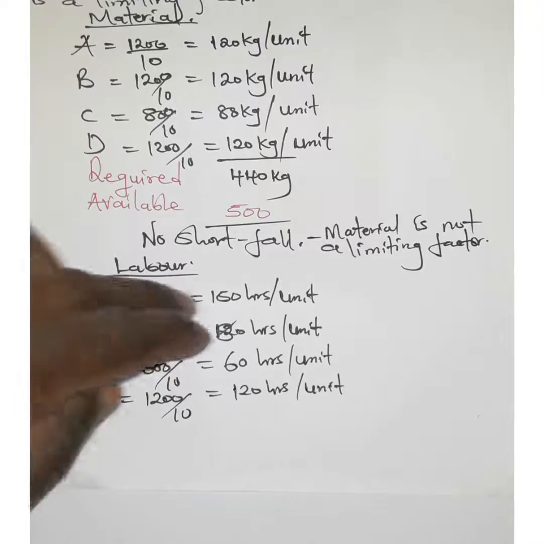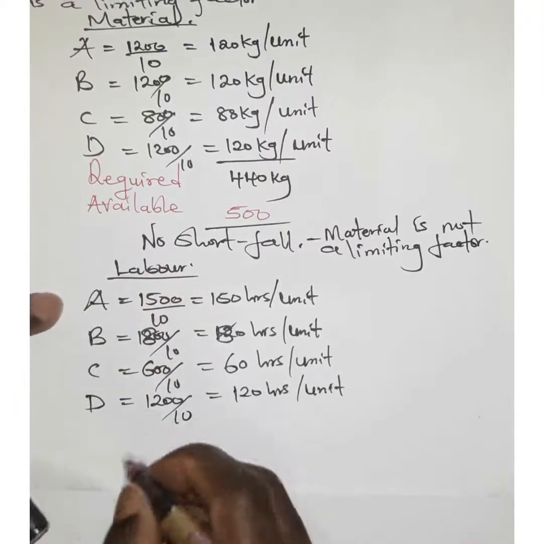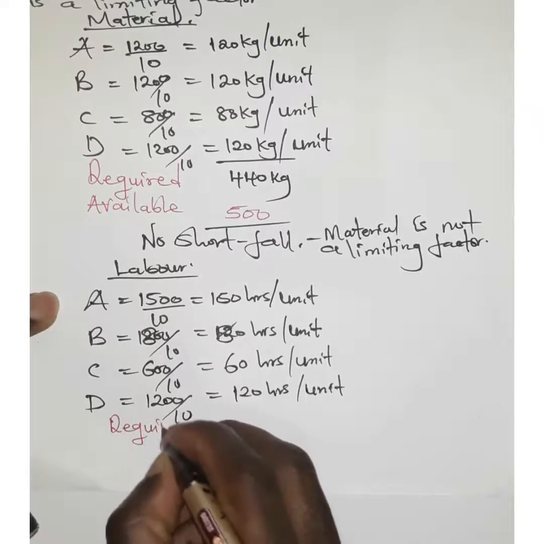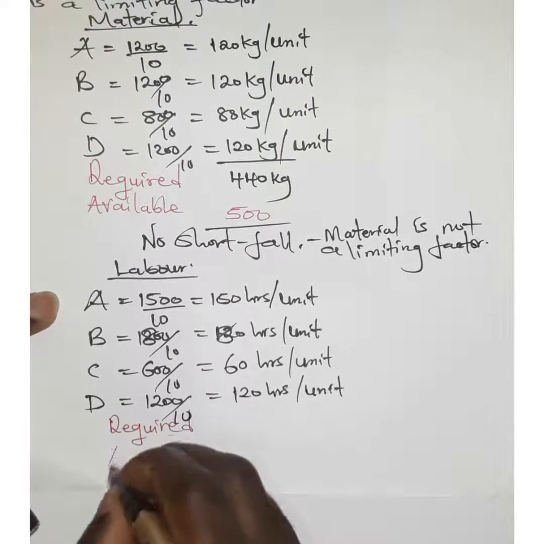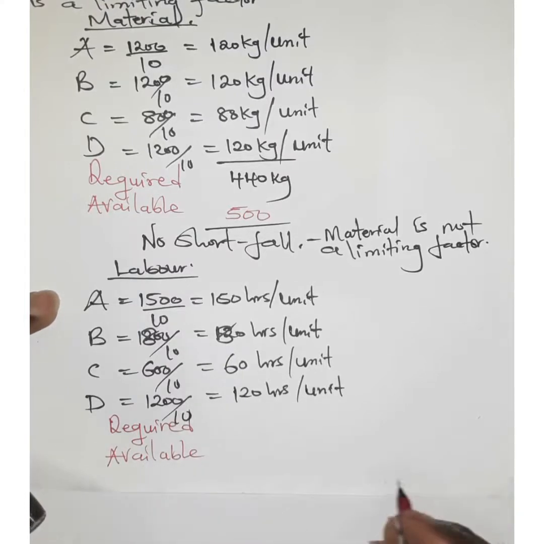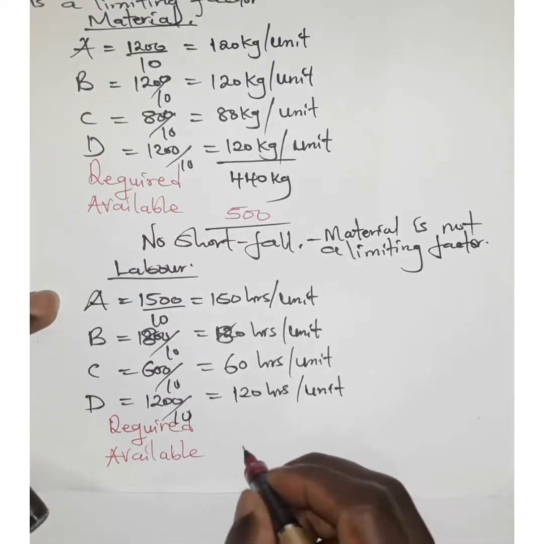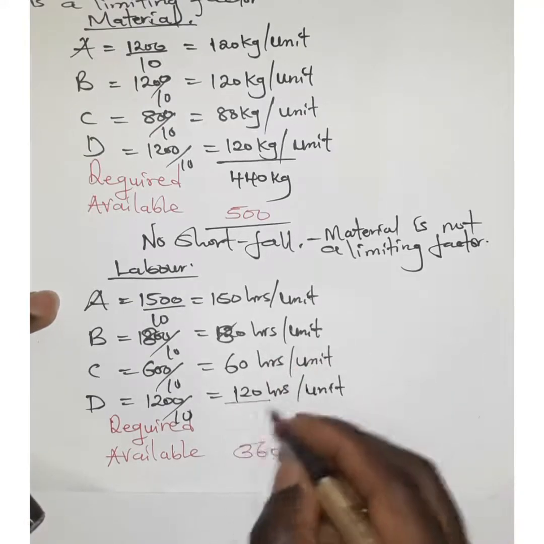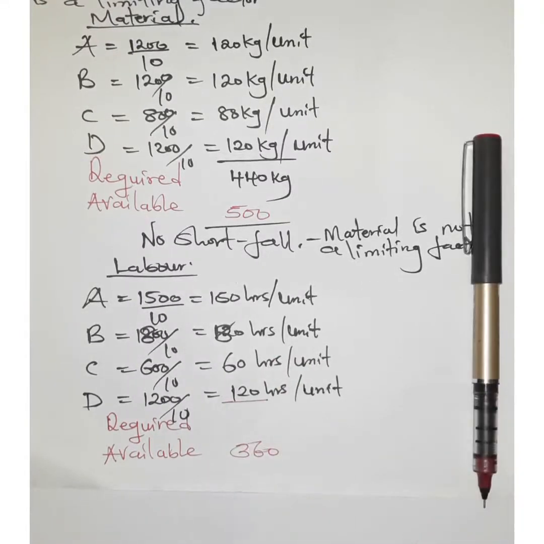So if we add all this, we are supposed to get the number of hours that are required versus what is available. What is available according to the question is 360, but how much is required?